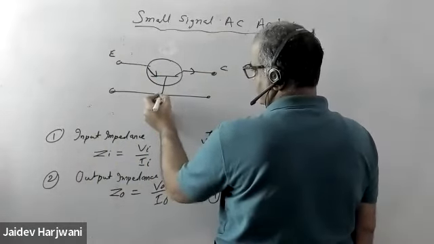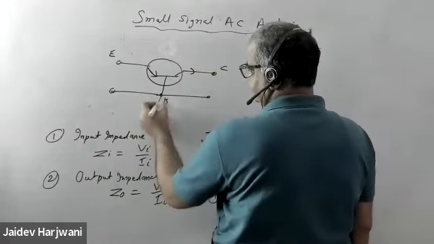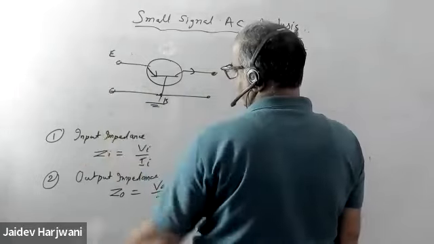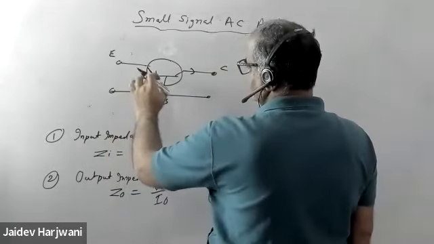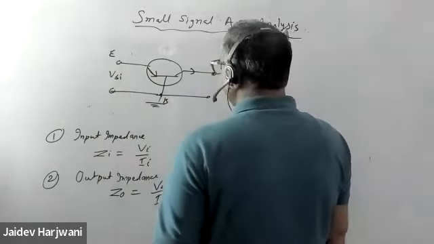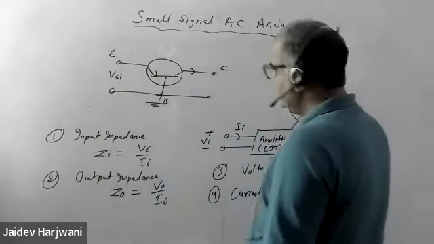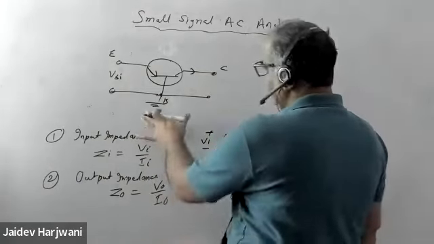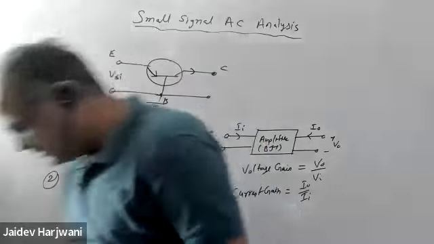Obviously this is the base, which is grounded. Here I will apply some voltage, V_B, which will be your V input here, and similarly here you can measure V naught.